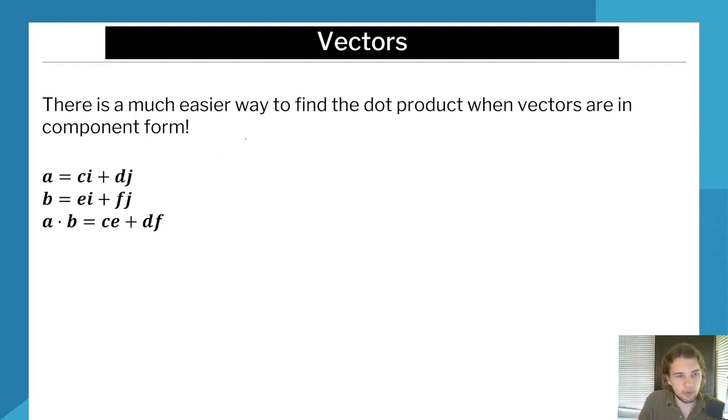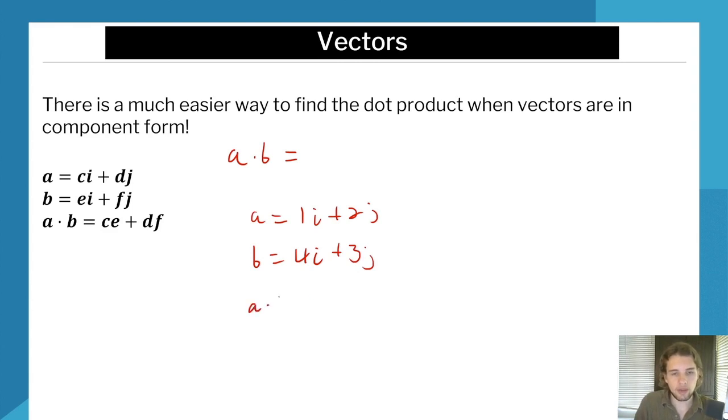So if I want to get the dot product of A and B, I can just multiply each of their components and then add the sum of all that together. Here, let's say A is equal to 1i plus 2j, and B is equal to 4i plus 3j.